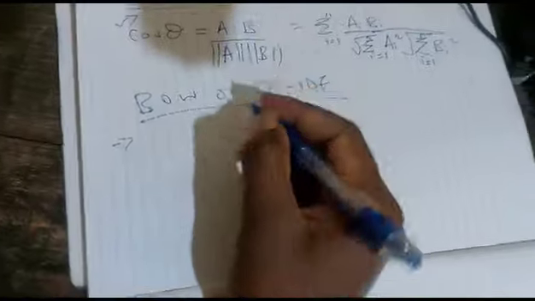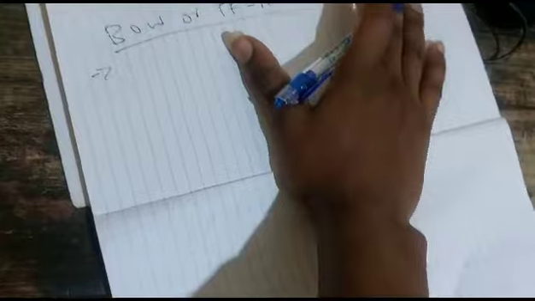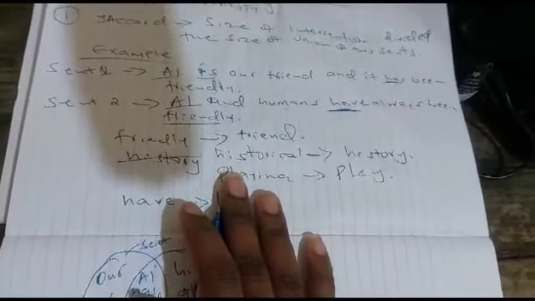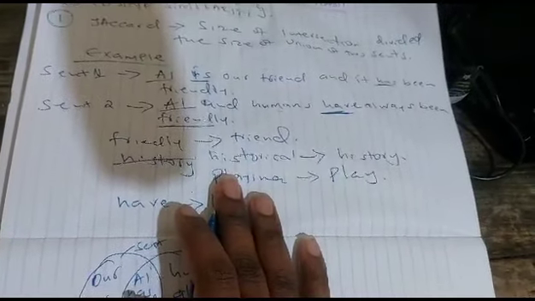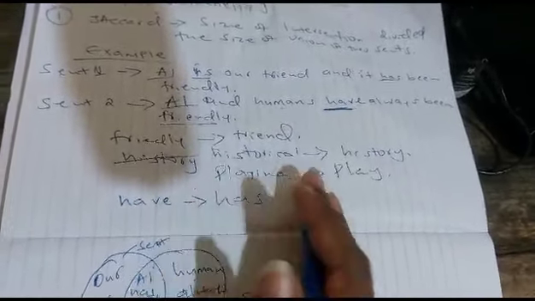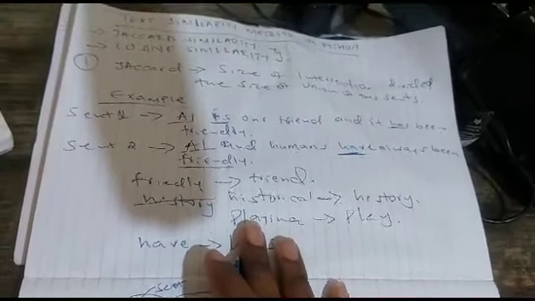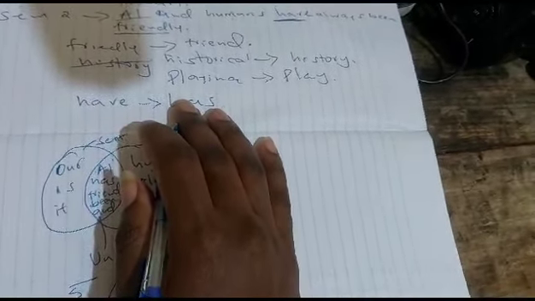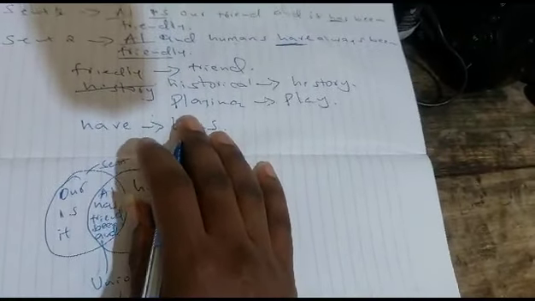Now let's calculate our cosine similarity using our two sentences. Sentence 1 is AI is our friend and it has been friendly. Sentence 2 is AI and humans have always been friendly.